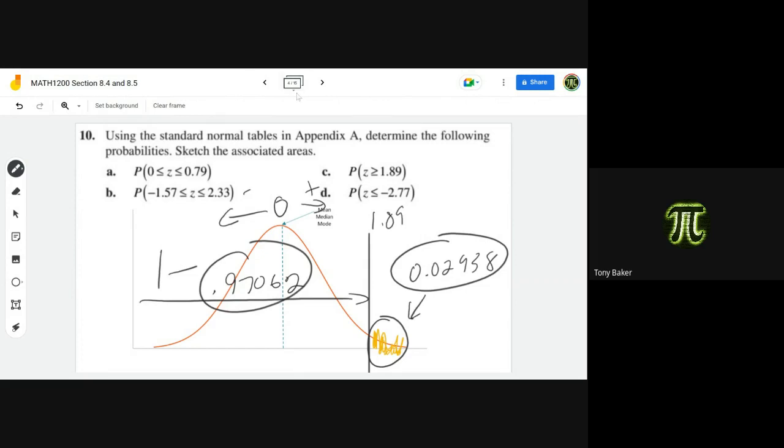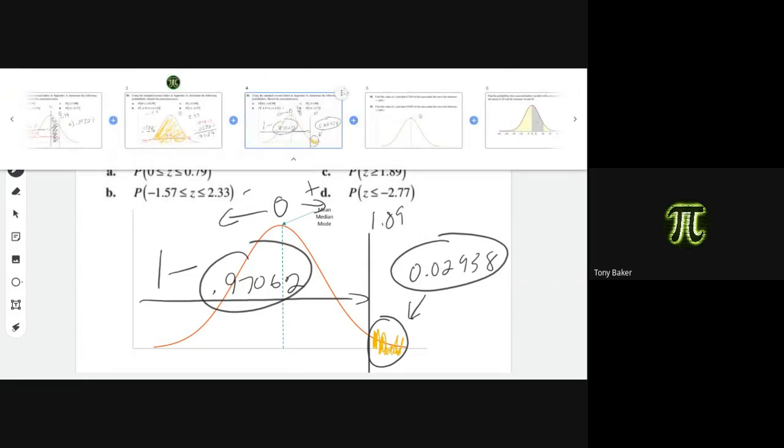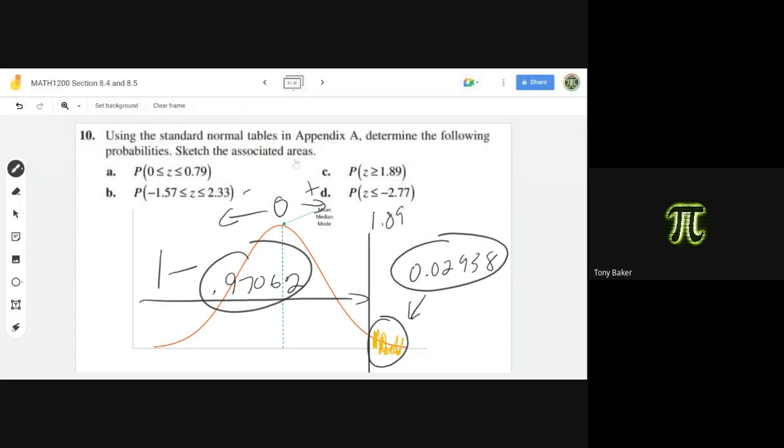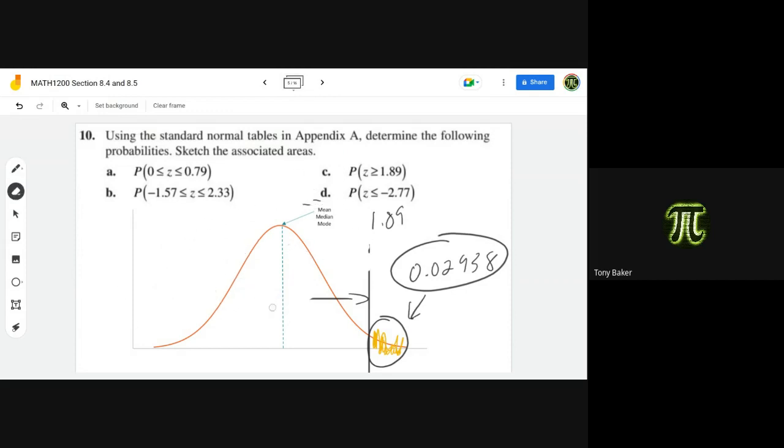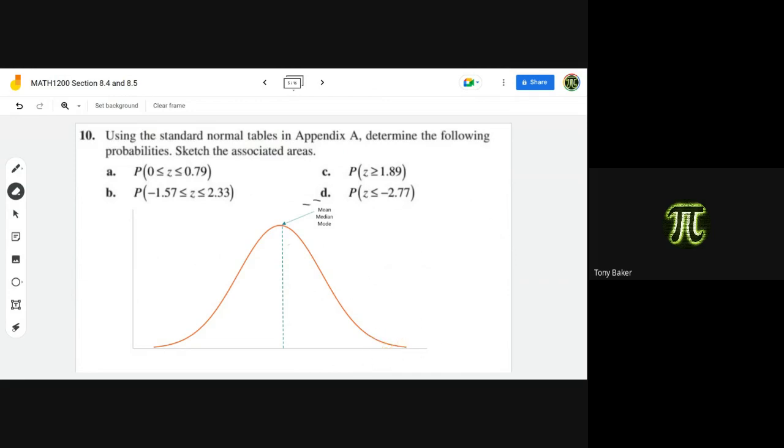So I might as well do D since I did the other 3. So if we're looking at D, that's over, it's negative. So that's on this side over here is what I'm looking for.